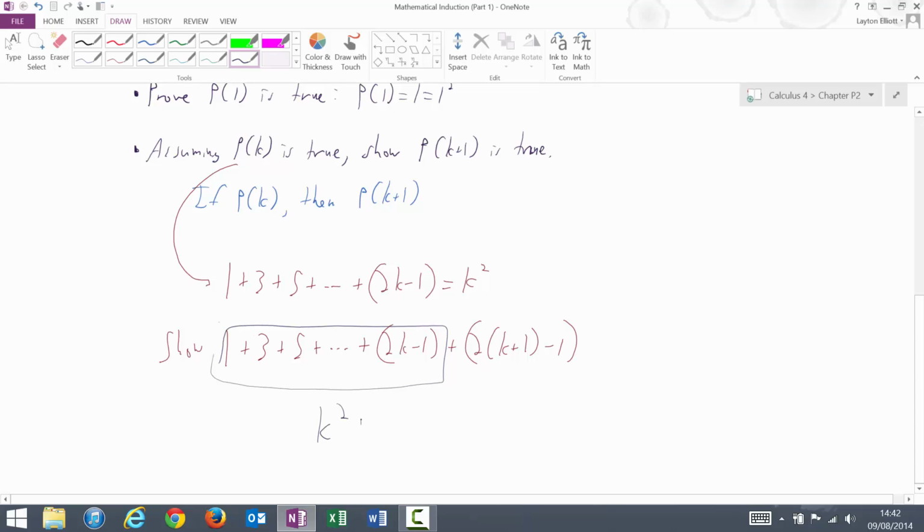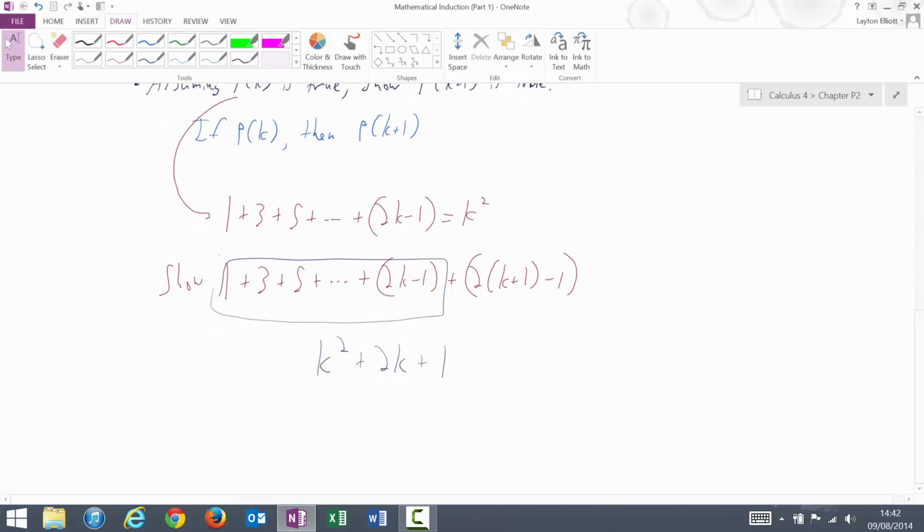So I have k squared plus, and if I distribute this, I get 2k plus 2 minus 1, or plus 1. And then I get k plus 1 quantity squared. So in showing that that's equal to k plus 1 squared, I just need to take this left side, substitute it, and show that I get this.